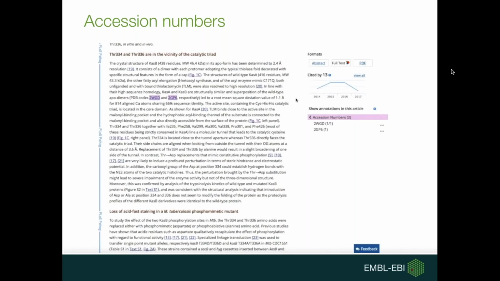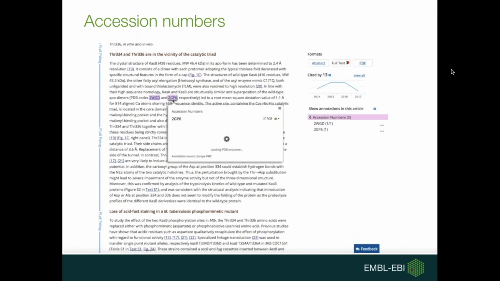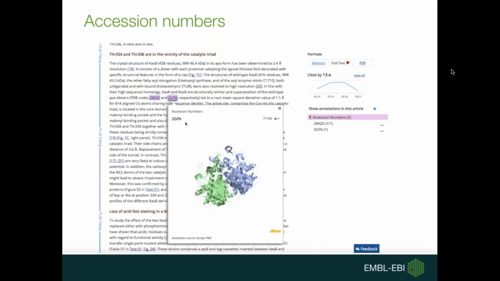For instance, Scilite displays a 3D view of the protein structure on the pop-up menu for datasets deposited in Protein Data Bank, or PDBe. This acts as a preview to the actual dataset, allowing you to assess the structure in its original context and get a visual cue for a worldly description. You can then continue reading the paper or proceed to the database to work with the structural data.